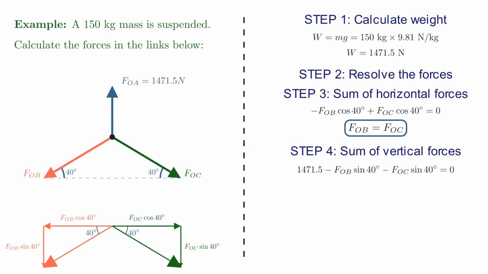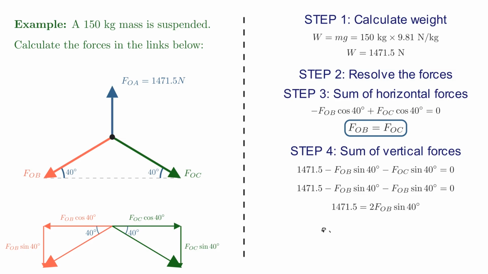However, from the previous step, we saw that FOB equals FOC, so we can make a substitution replacing FOC with FOB. So doing this, we can combine the two FOBs together and bring it over to the right-hand side. This will give us that 1471.5 is equal to 2 FOB sine 40.